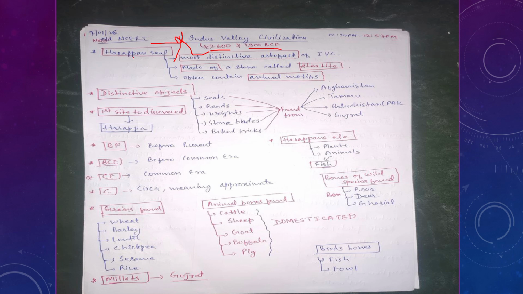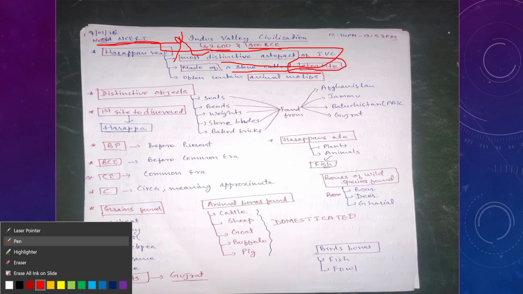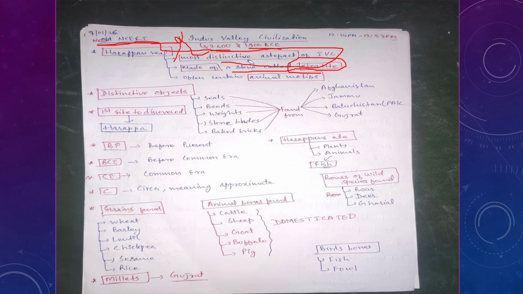The most distinctive artifact of the Indus Valley civilization were the Harappan seals. Harappan seals were made up of a stone called steatite. You can see here, they were made up of steatite.